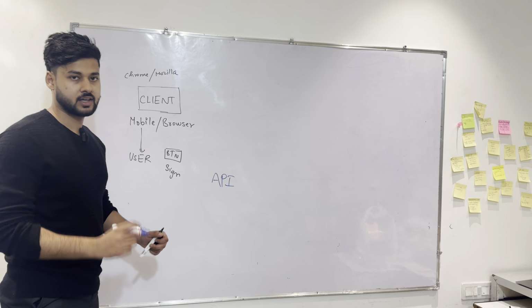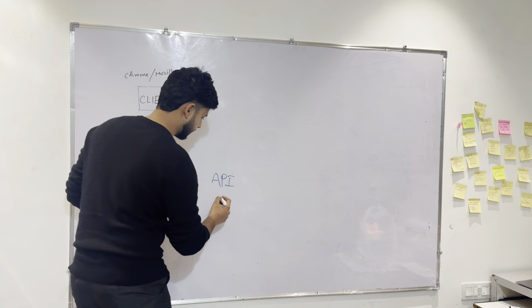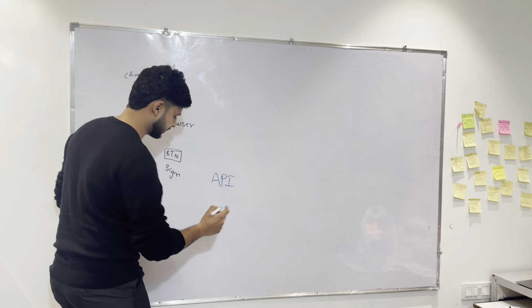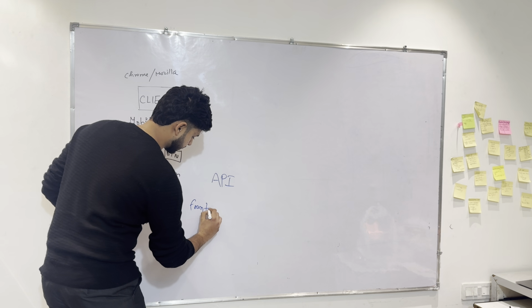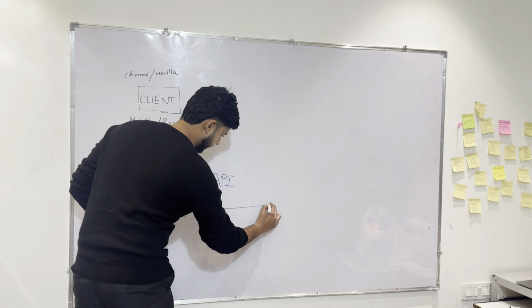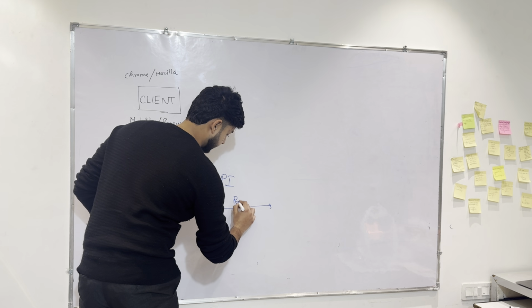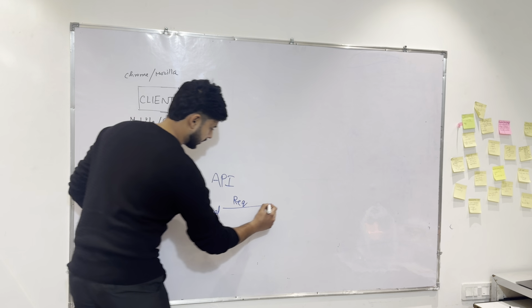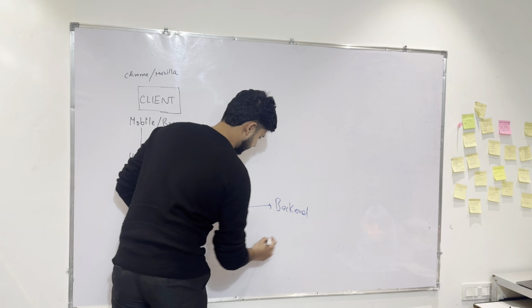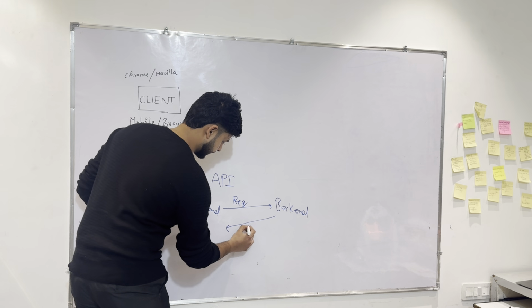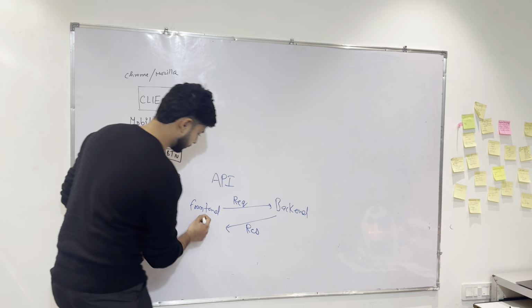API is like your waiter. What an API does is take a request from the front end to the back end. Then it gives back a response to the front end.